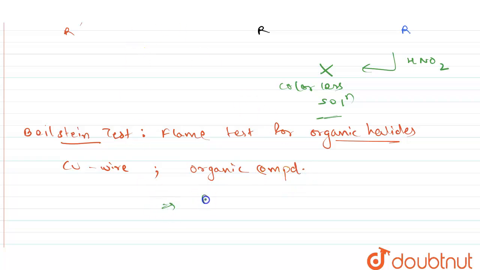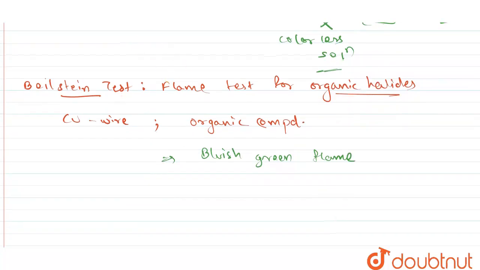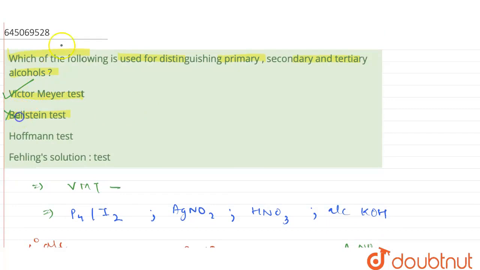If we get a bluish green flame, then we can conclude that there is presence of halide in the organic compound. This bluish green flame is due to copper halide. This is a test for organic halides, so the Beilstein test is not the correct answer, and we can cancel this out.